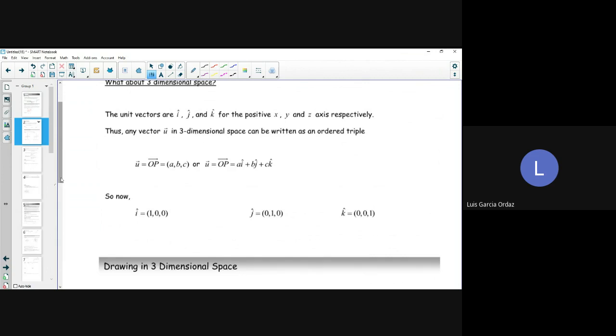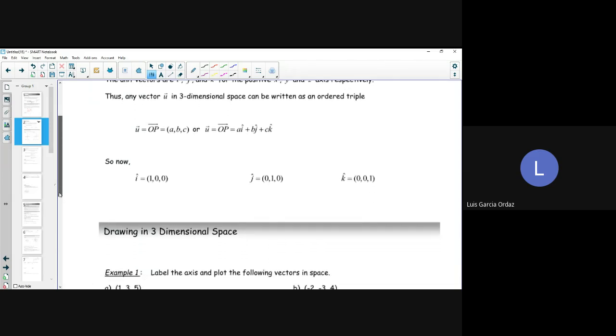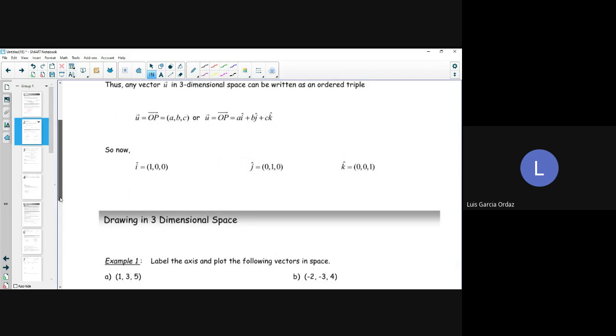So u, which is equal to the vector OP, contains a, b, and c, or vector u is equal to vector OP, which is equal to a vector i plus b vector j plus c vector k. Which means that vector i is (1, 0, 0), vector j is (0, 1, 0), because remember i is x, j is y, and k is z, and vector k is (0, 0, 1).